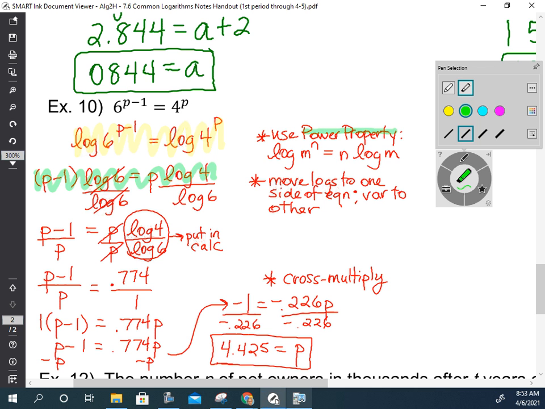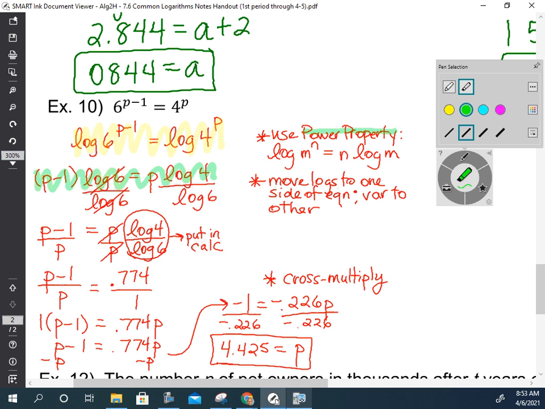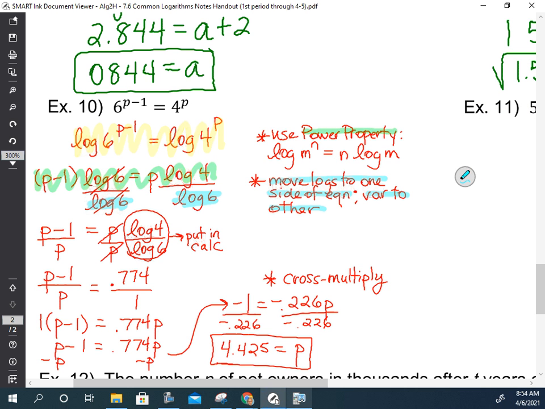We used the power property and moved the exponents. After that, we moved the logs to one side of the equation and then the variables to the other. That's why we divided log of 6, and then we divided the p, and this is what we ended up with.